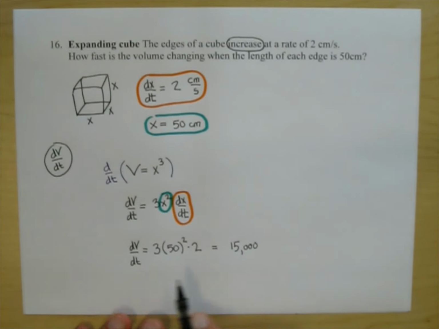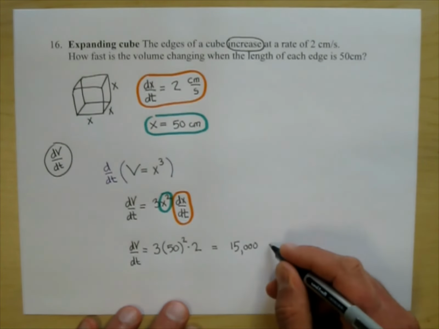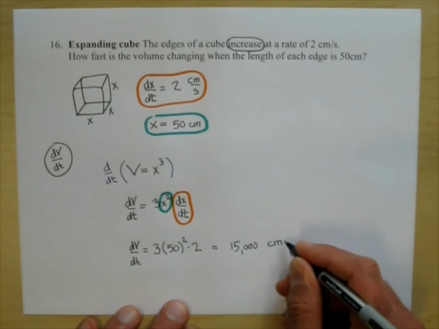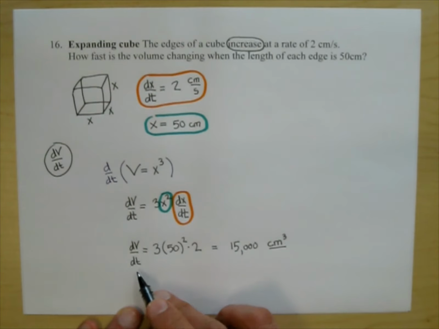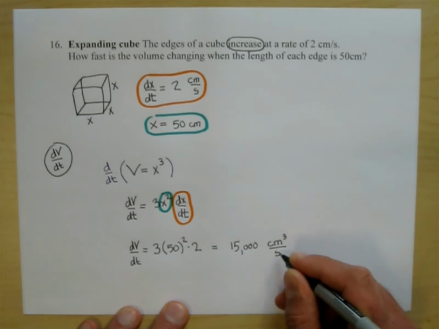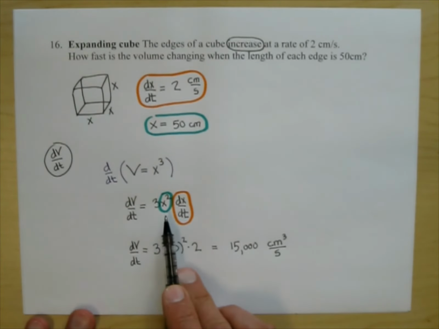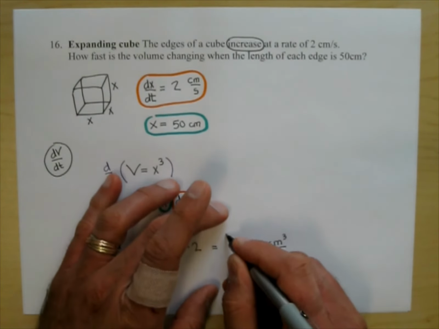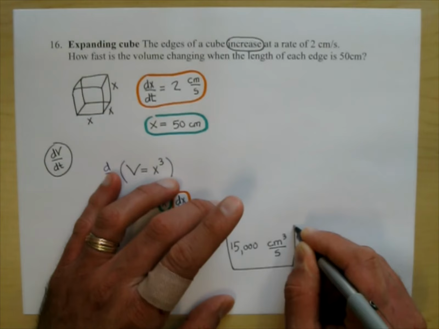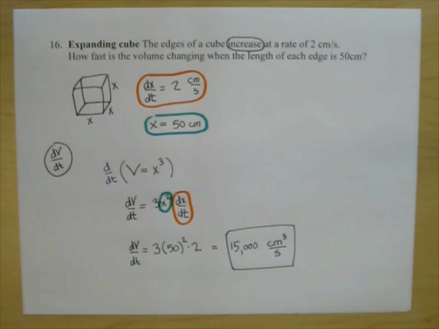And we have to put our units, so volume is measured in centimeters cubed per second. Once again, if you had kept your units here, you would have had centimeters squared there because you have the squared, and then you would have had centimeters per second, and you would have got the same thing. So there's the answer.